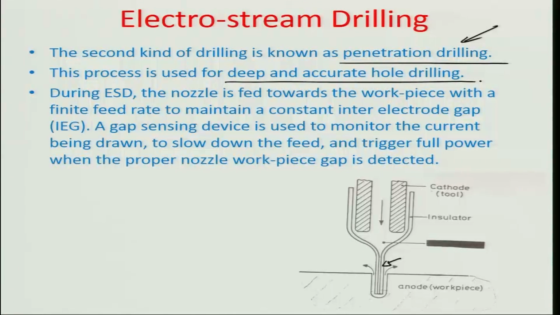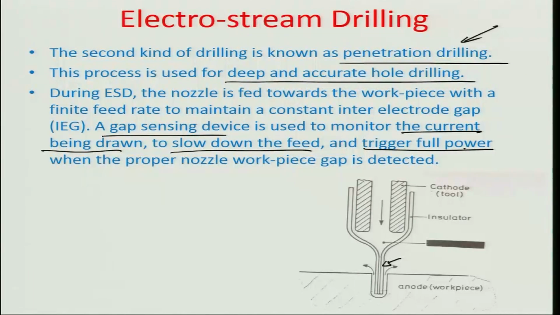Normally it is a wise idea to have a gap sensing device just to monitor the current being drawn, and this can also give you closed loop feedback or closed loop control, which can be used for slowing down the feed and, when needed, triggering the full power, so that the material removal and the recession of the surface with respect to the point where the electrolyte is emanating can be controlled.